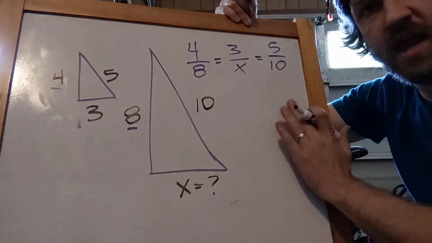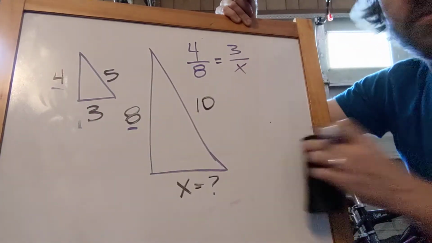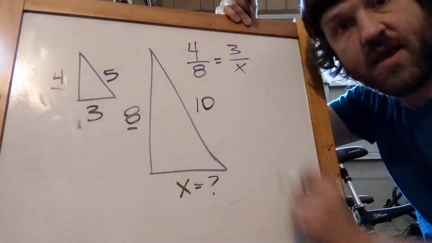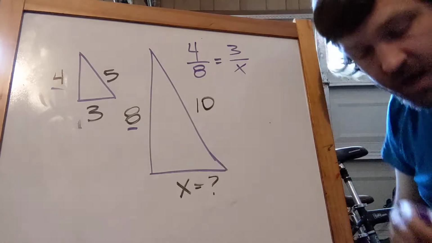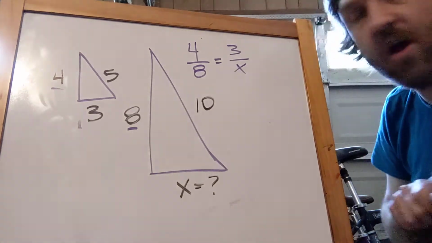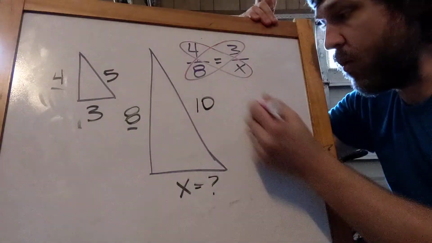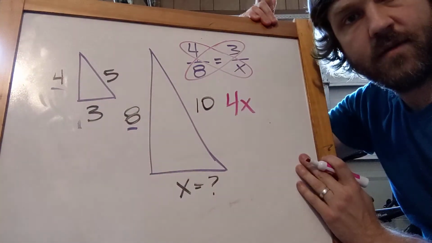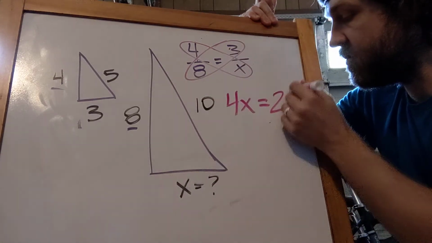So we're going to ignore this last fraction for now, because to solve for the answer, I only need one proportion. I only need a set of two fractions because we already know how to solve. To solve, I do cross multiplication. So I'm going to multiply 4 times x, and it's going to be equal to 8 times 3, which is 24.